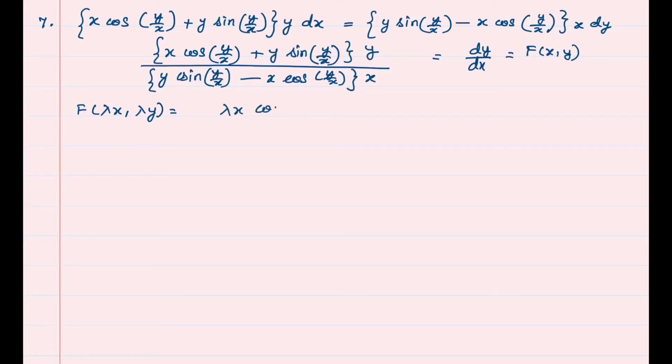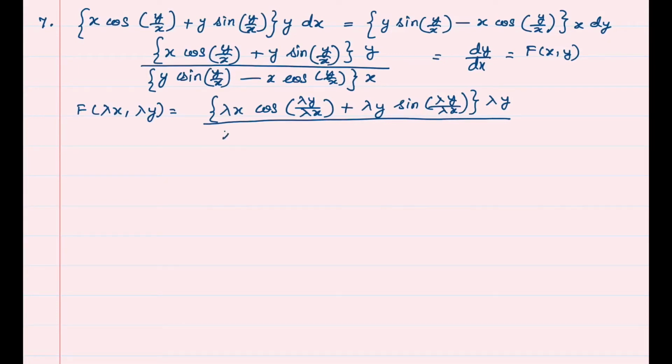Lambda x cos of lambda y upon lambda x plus lambda y sin of lambda y upon lambda x times lambda y, divided by lambda y sin of lambda y divided by lambda x minus lambda x cos of lambda y divided by lambda x times lambda x.